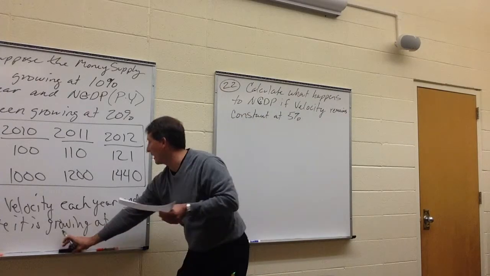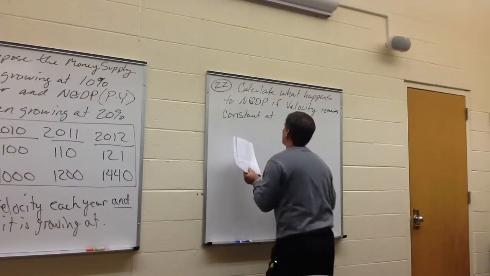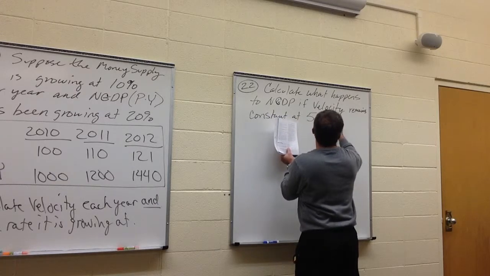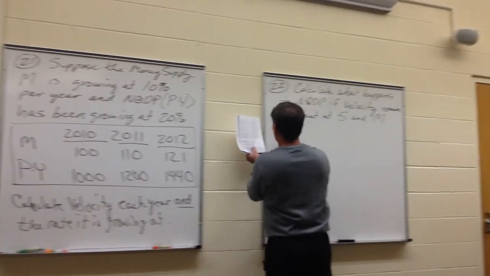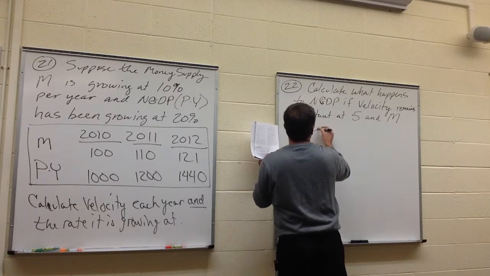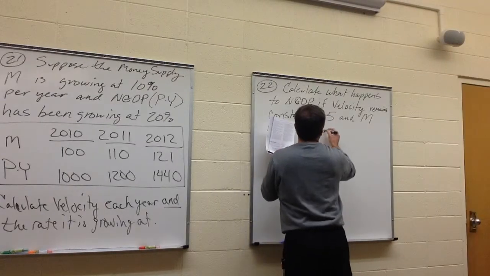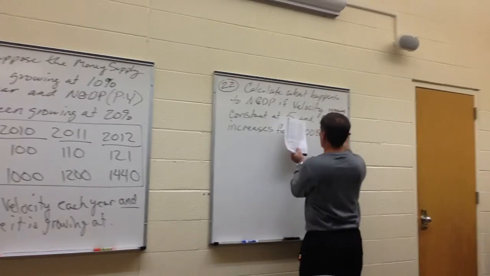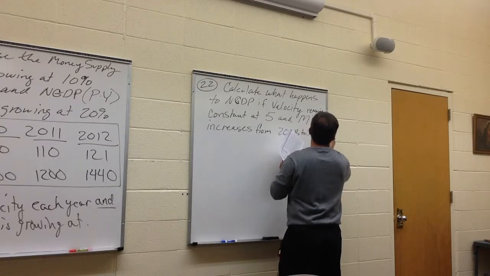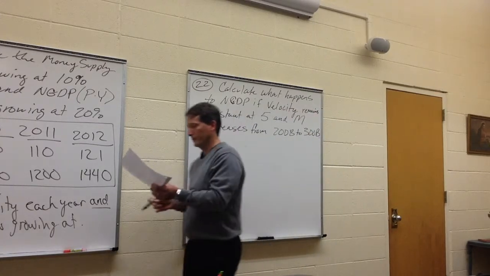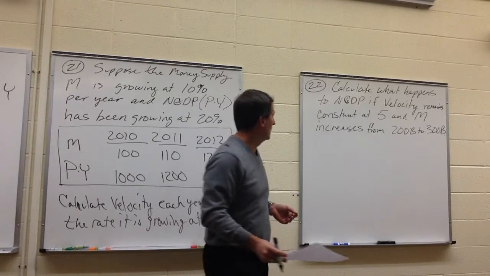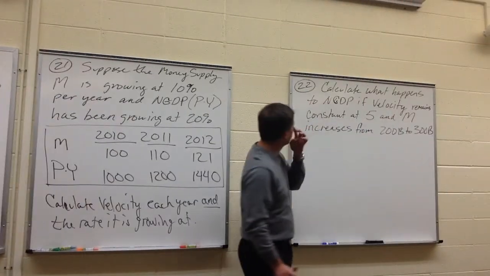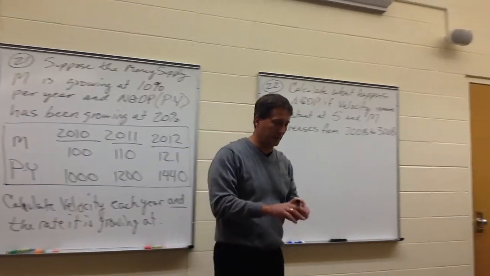I'm sorry, we're measuring velocity, not the rate of change of velocity, remains constant at 5, and the money supply increases from 200 billion to 300 billion. So we got growth of the money supply, 200 to 300, velocity constant at 5. What happens to nominal GDP?